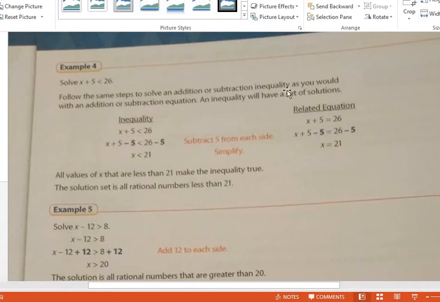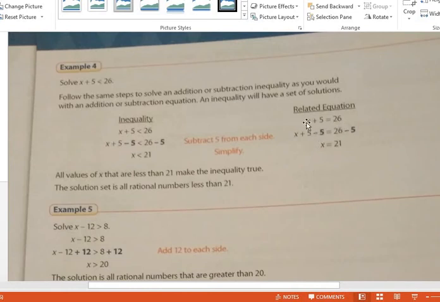An inequality will have a set of solutions. I have here the inequality and its related equation. x plus 5 less than 26. We can treat this as an equation: x plus 5 equals 26. Instead of less than I put equal.